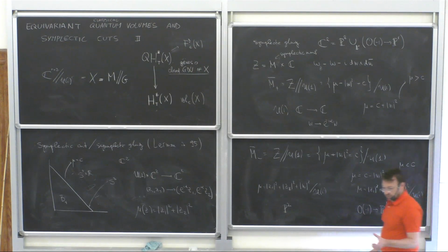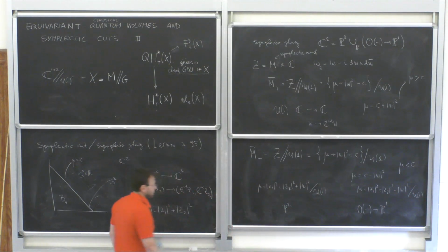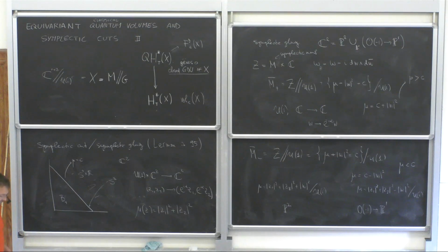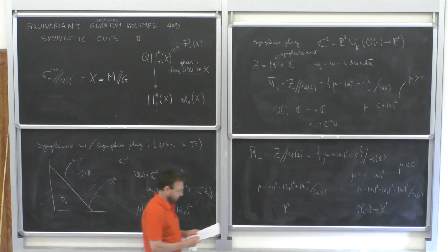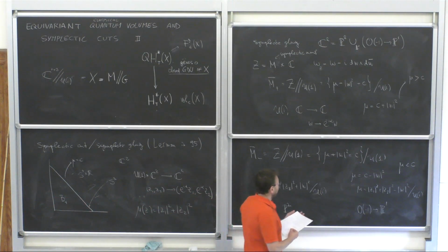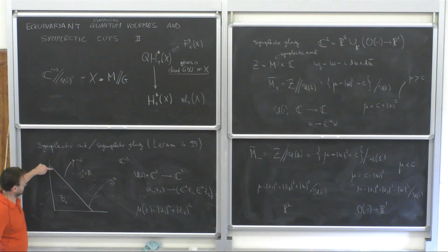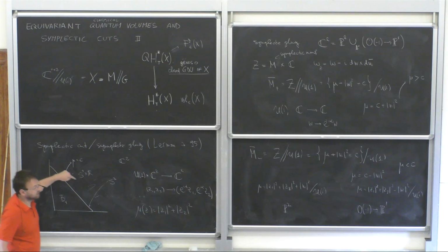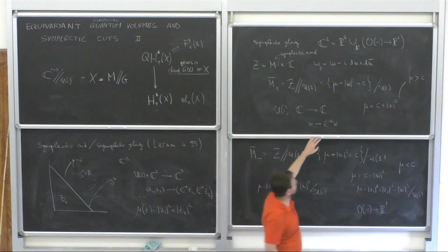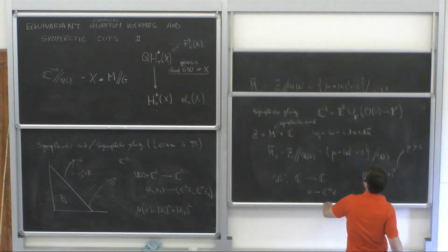For me, it's important that I get actual spaces. And then typically, if you implement the quotient along this line, of course, I just get P1. And that's exactly what people call a symplectic cut.